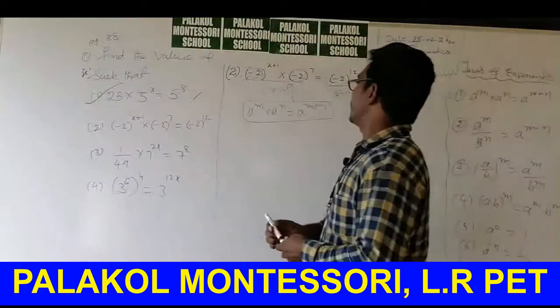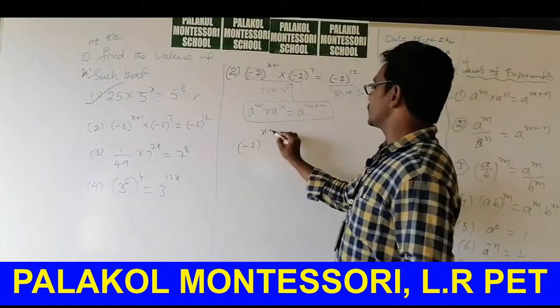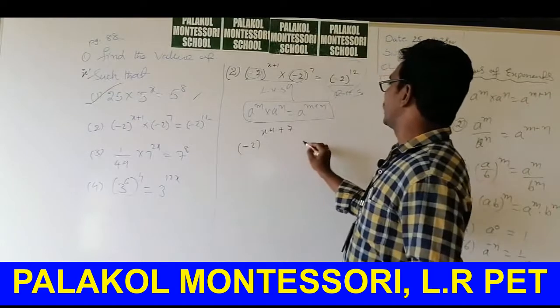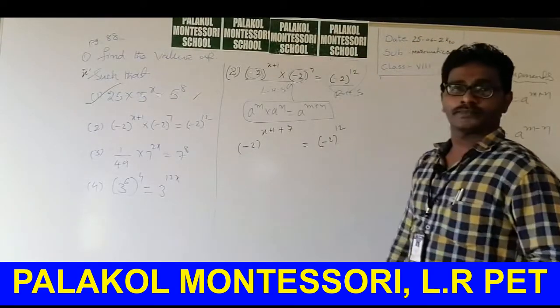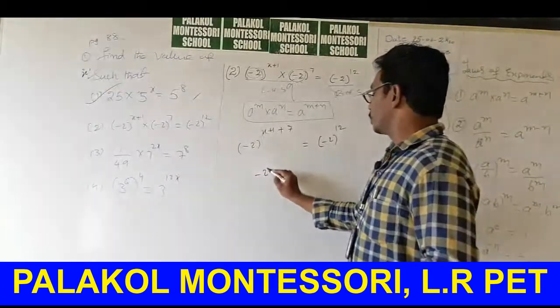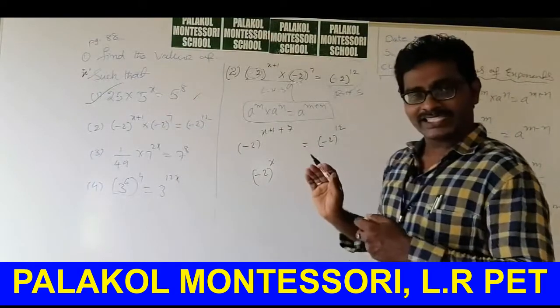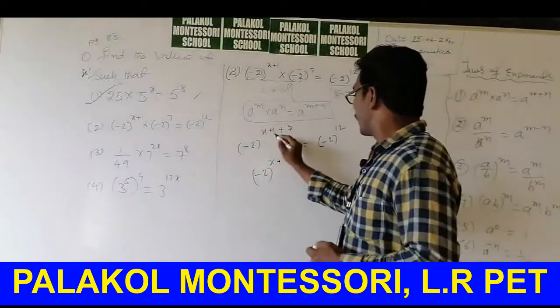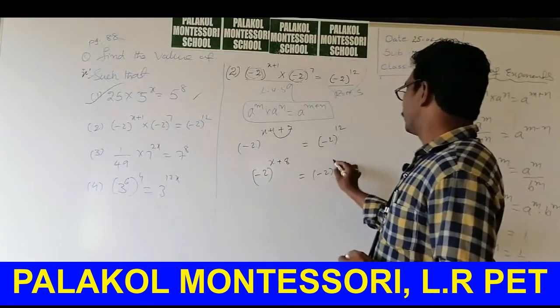See, guys, minus 2 whole power of x plus 1 plus 7 is equal to minus 2 whole power of 12. Now simplify the powers. Minus 2 whole power of x, x is a variable, don't touch that one, bring it down as it is, plus 1 plus 7, that is 8, equal to minus 2 whole power of 12.